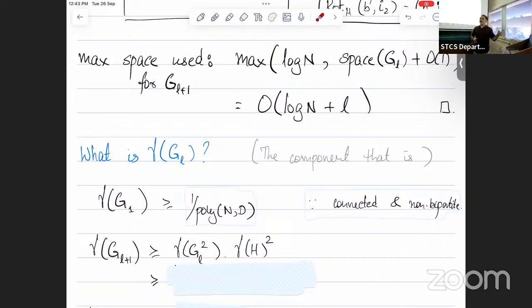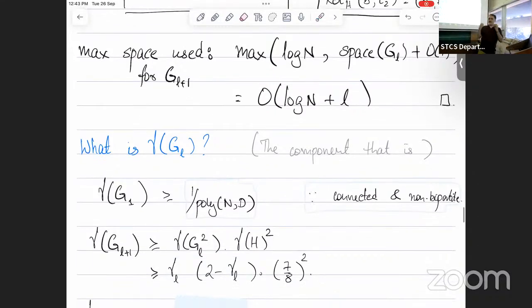So it was like gamma of G_L squared times gamma of H, the whole squared. Let me use gamma_L to indicate the spectral gap that you had for G_L, whatever was your guarantee on spectral gap. And I wrote it as gamma_L times (2 minus gamma_L) times (7/8), the whole squared.